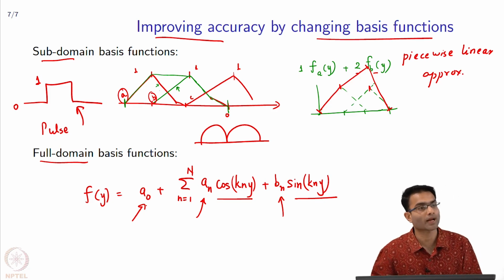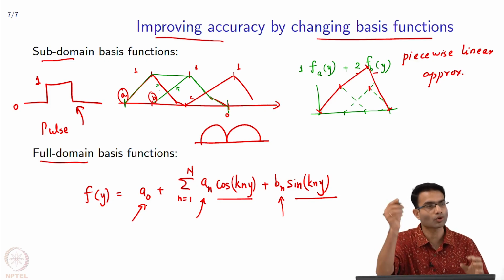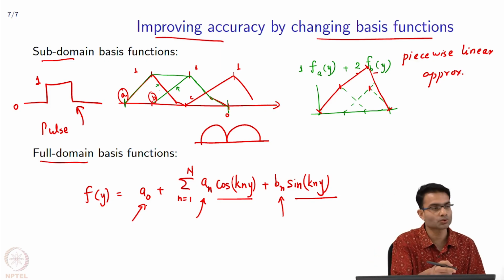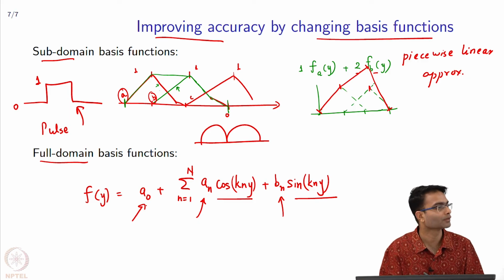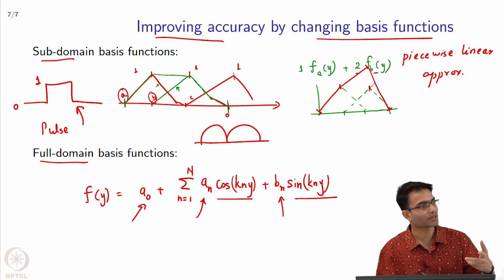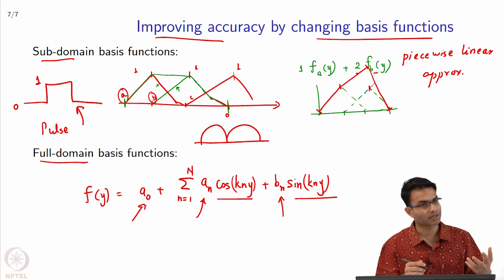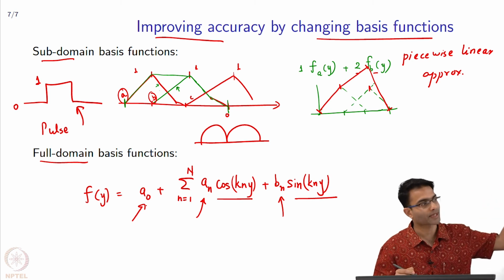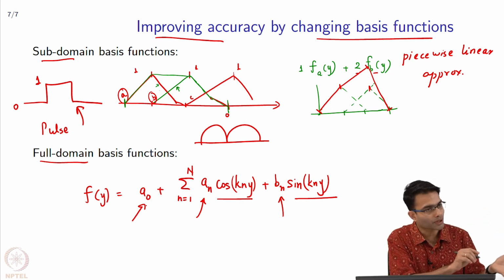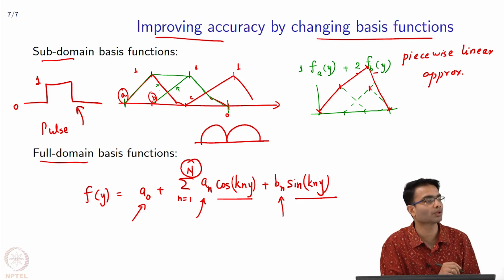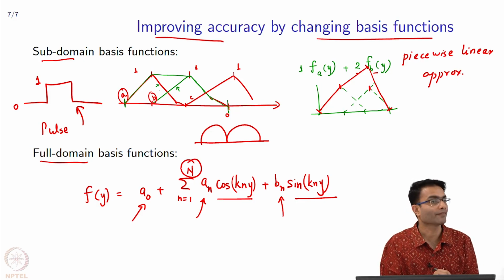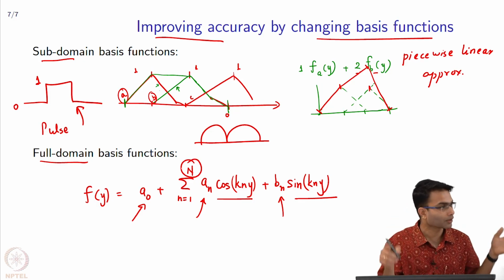If I know beforehand that my solution is going to look oscillatory, then why choose pulse or piecewise linear basis functions? I may as well choose the basis function which I intuitively know is going to be close to the solution. By doing that, I will get away with a small value of capital N, if the actual solution is sinusoidal.